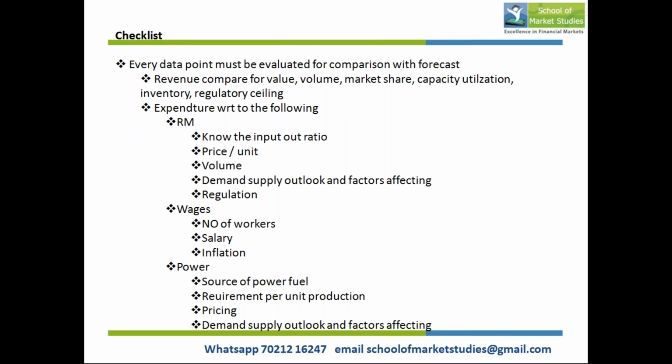Now assume that, as we said, we are making steel and the cost of iron ore goes up, right? So the price per unit went up. Now you will go into the demand supply outlook. So when you're looking at the demand supply, you'd have to do an analysis of iron ore market. So what you'll notice now is that because China is not making steel anymore, or rather they're not increasing their quantum of steel supply, the iron ore demand is not that high, whereas the supply is ample.